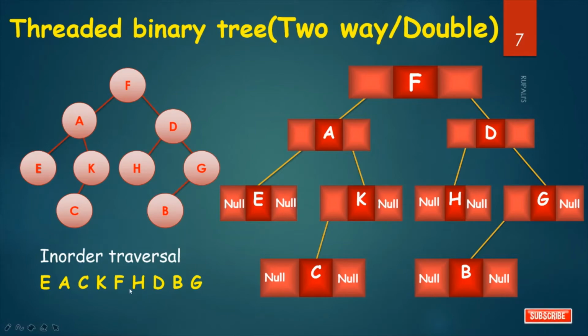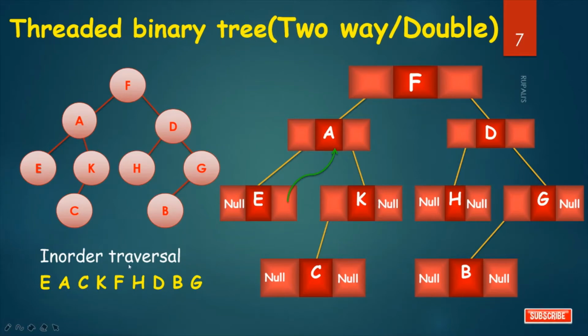How? See, in case of E, the left field is null. See the in-order traversal. The left field is null, but the right field is the in-order successor. That is, the in-order successor of E is A. So there is a link in place of null, a link which corresponds to the address of A, which points to the address of A. In the same way, in case of K, the left field holds the address of C, but the right field is null.